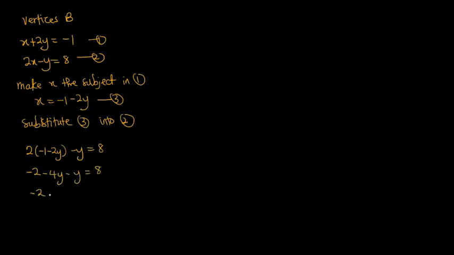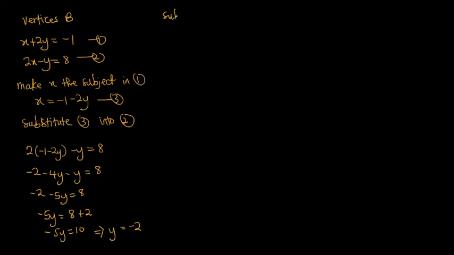So I have negative 2 minus 5y equals 8. Therefore, I have minus 5y is equal to 8 plus 2. This gives me minus 5y equals 10, and if I solve this and find y, my y will be equal to negative 2.